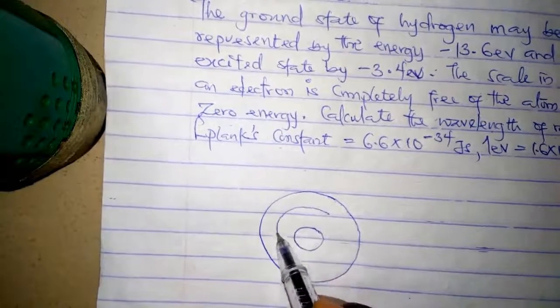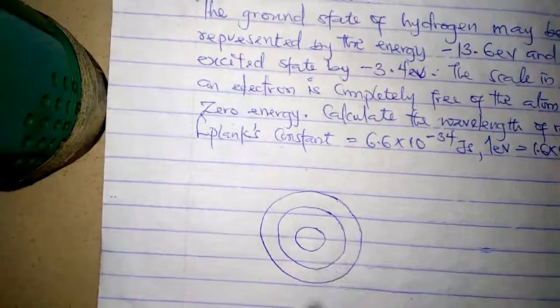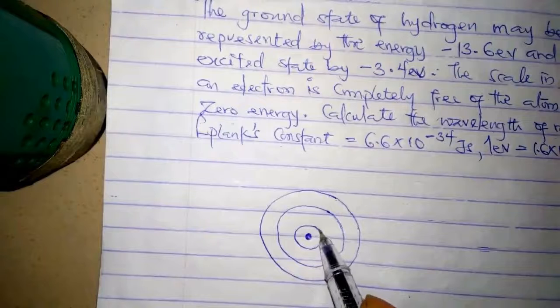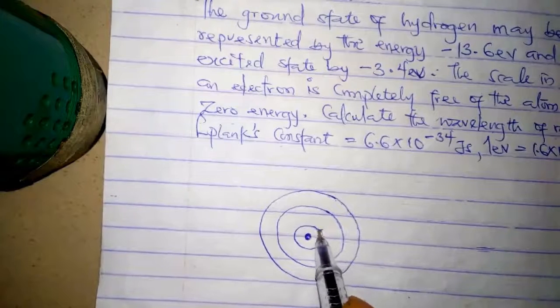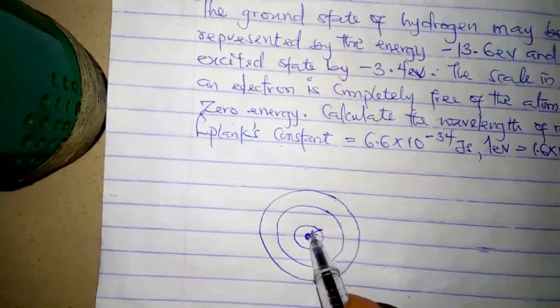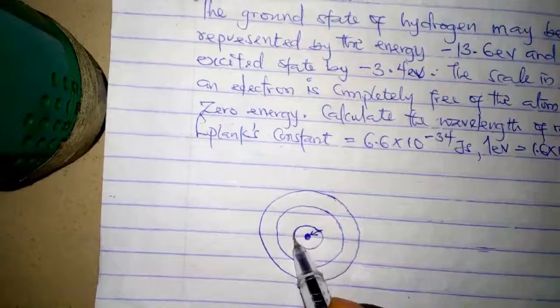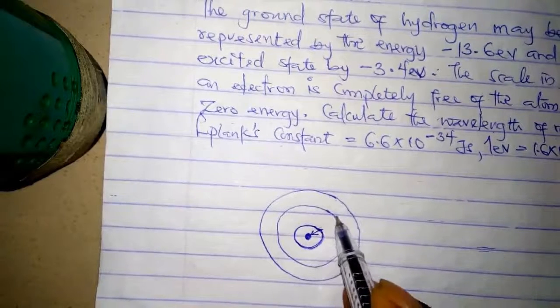Each level has its energy, and each level's energy is greater than the other. Let's assume this is the nucleus, and this shell or orbital or level is closer to the nucleus. This tells us that the force of the nucleus holding this shell or orbital is greater than the force holding this one.